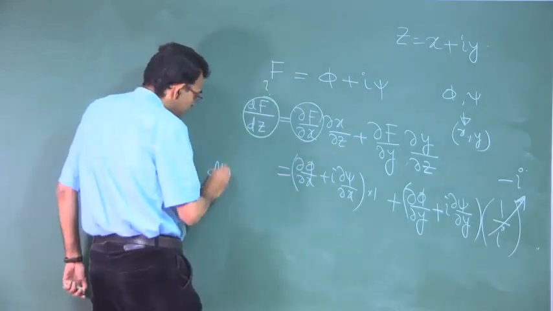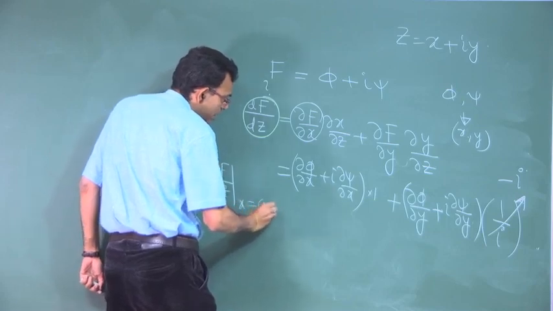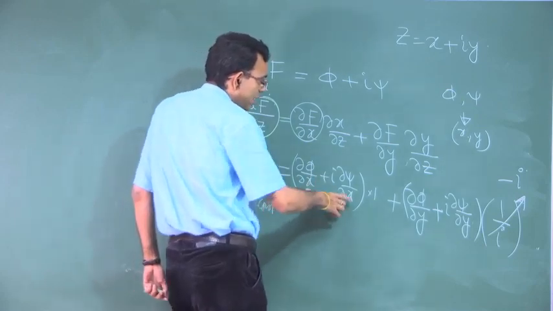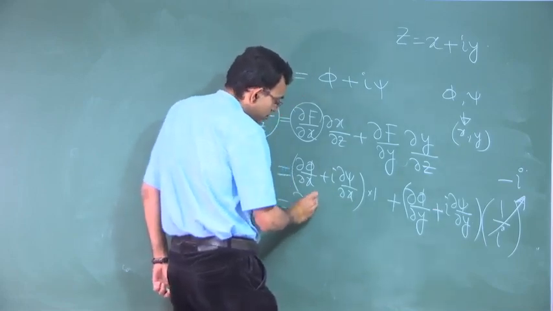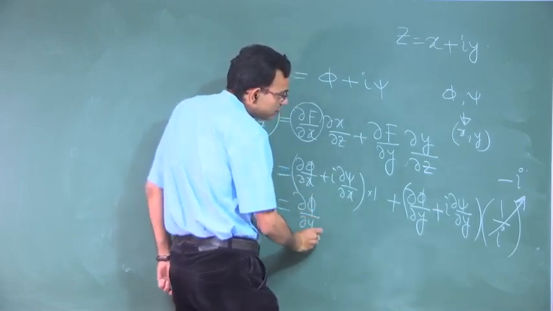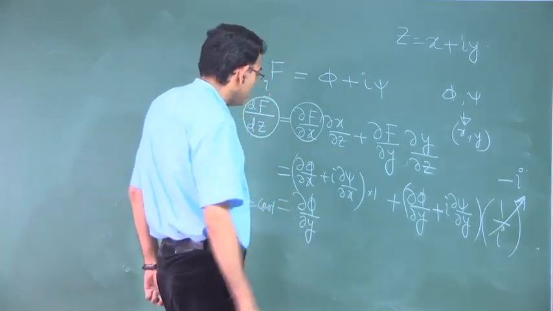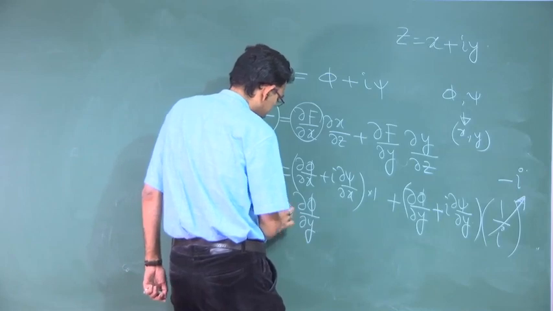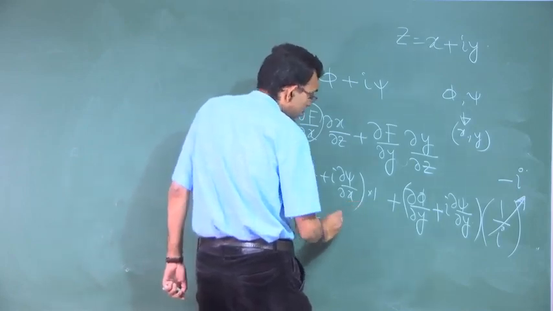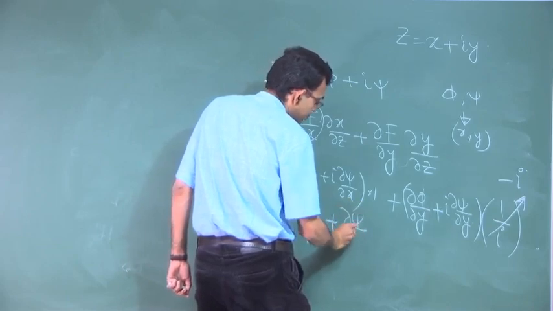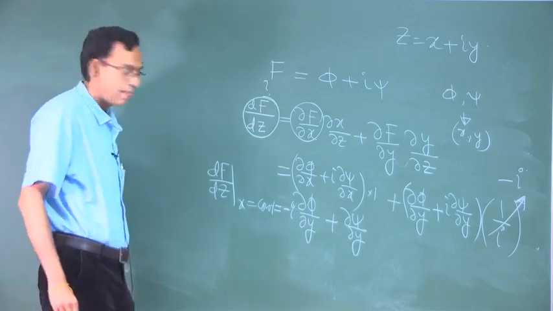So, df dz along x equal to constant is what? Along x equal to constant, this will be 0. So, this will be minus i del phi del y plus del psi del y. Okay.